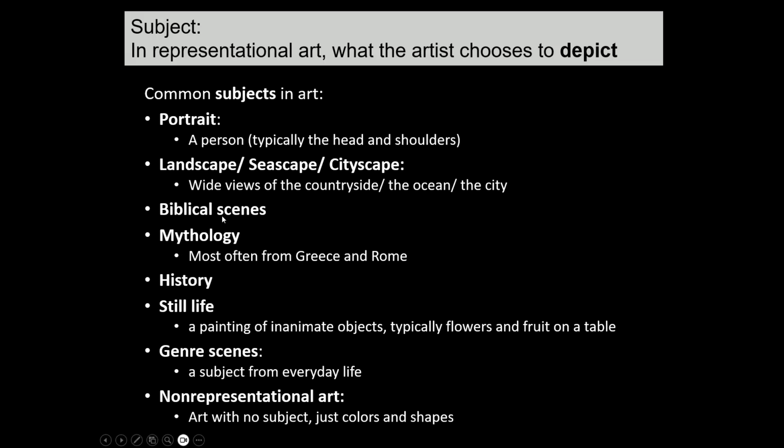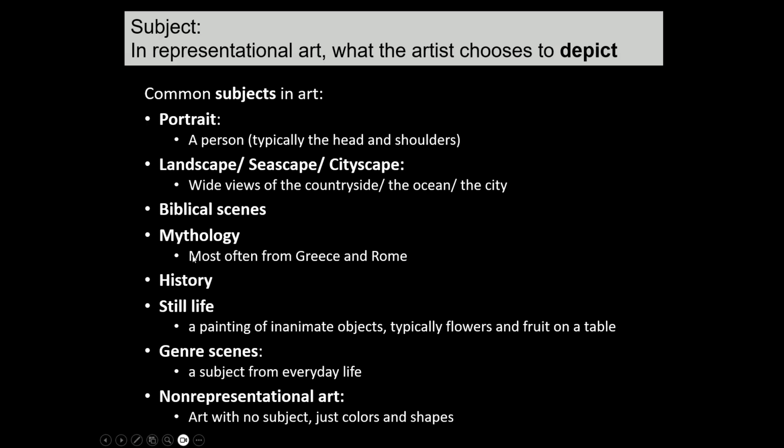For instance, these are some common subjects in art. Portraits, I've already mentioned. A portrait is an image that depicts a person, usually just the head and shoulders, a portrait of an individual. Sometimes works of art are landscapes, a long view of the countryside, mountains, and the sea. Sometimes the subject of a work of art comes from the Bible or from mythology.